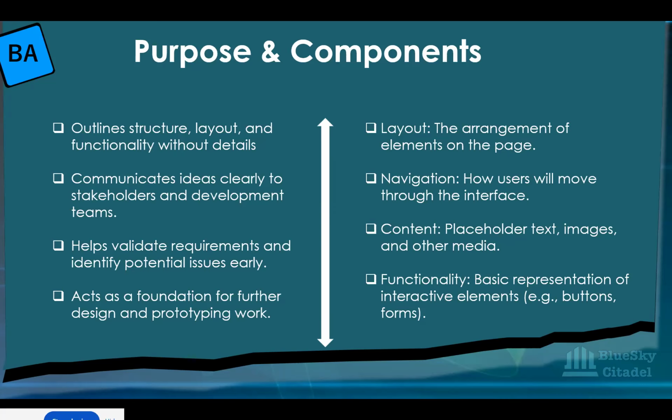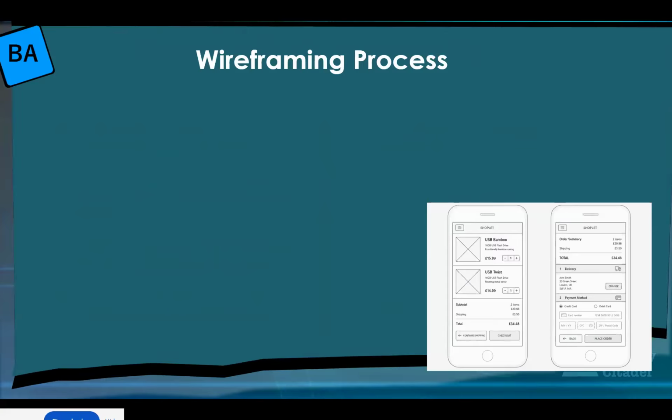Show me what it looks like when that page opens. Content: you have placeholder text and placeholder images. All these things are just placeholders, right? You're not getting the real image of what it looks like, just placeholders. And then functionality: the buttons, the forms, all the elements of your software application.